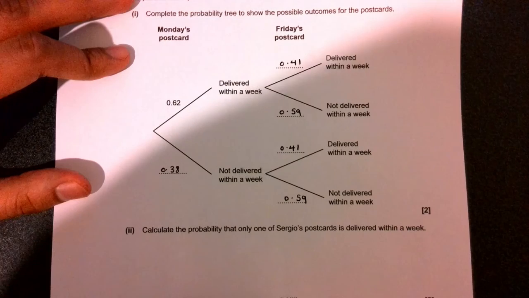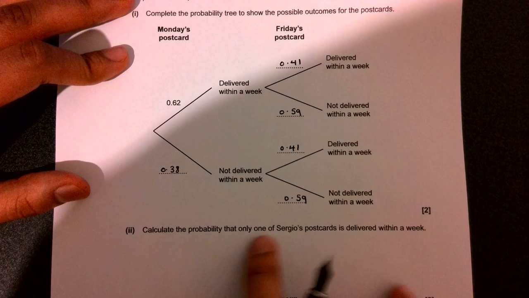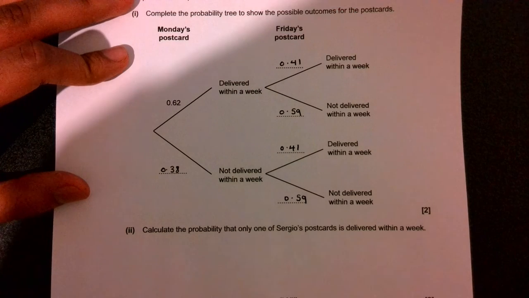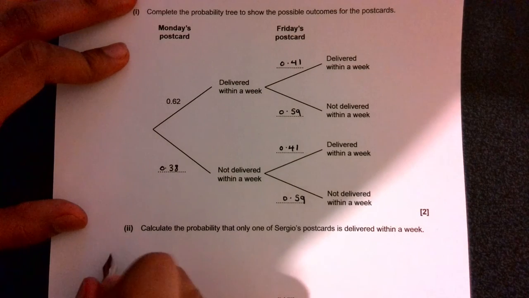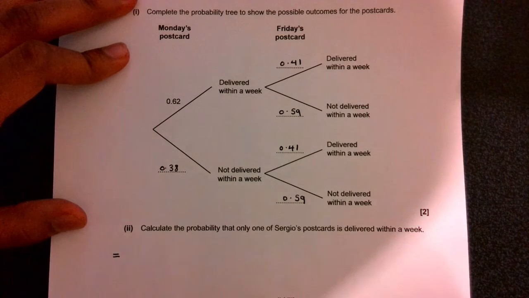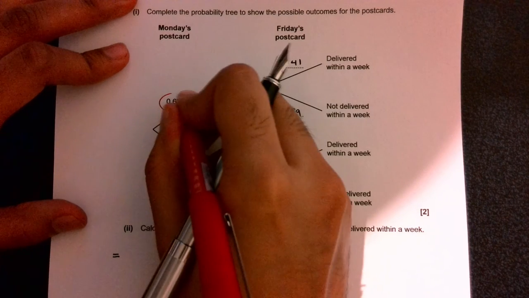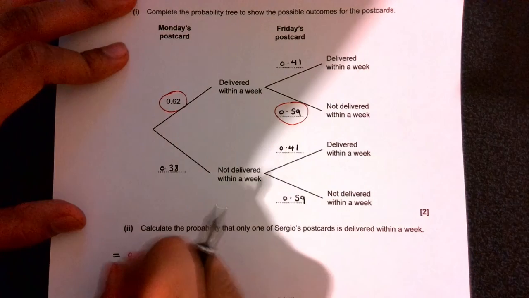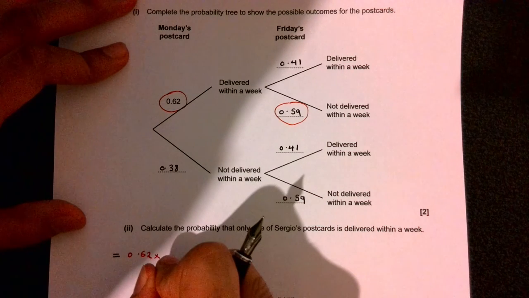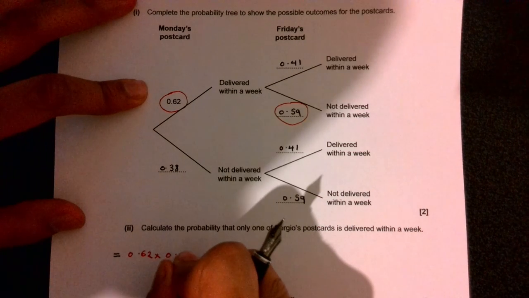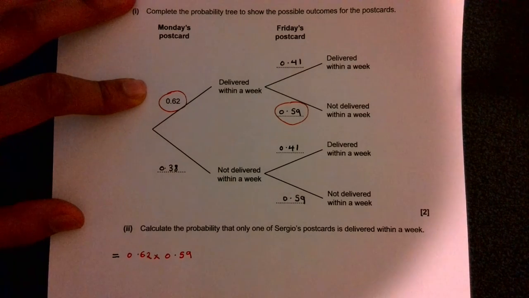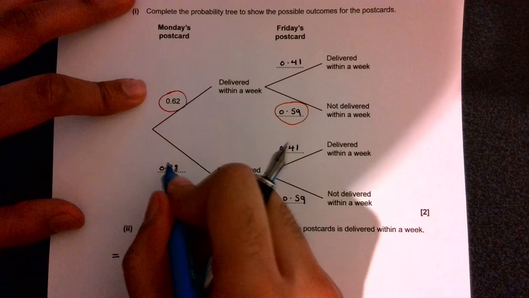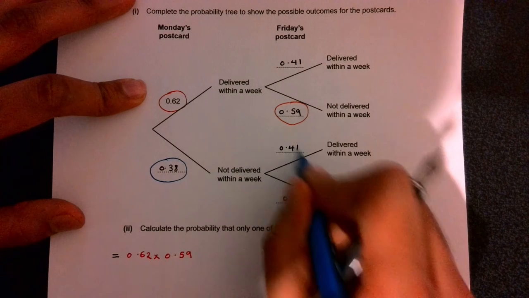And now for the next part, we have to calculate the probability that only one of Sergio's postcards is delivered within a week. Well, we have over here, we have this multiplied by this. So we have 0.62 times 0.59, or we could have it not being delivered and then it being delivered.